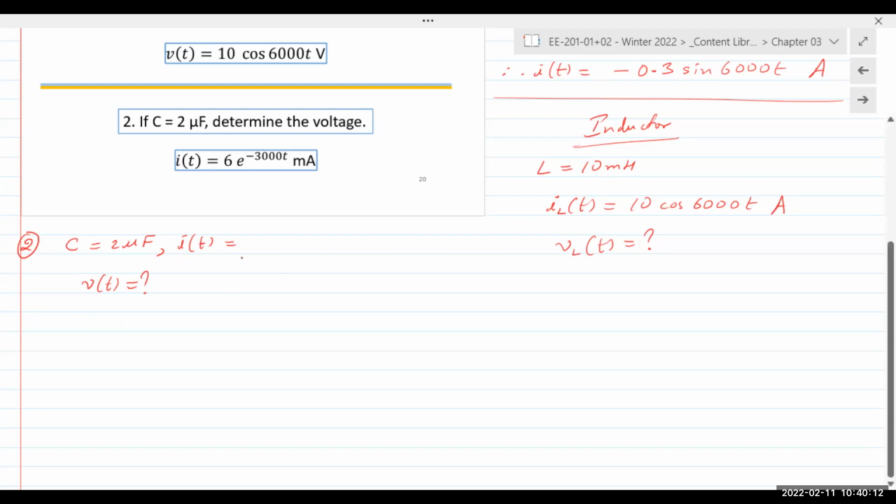So C is 2 microfarads. I of t is given to us. We will use the expression V of t is the integral of the current. And the limits, well, this one goes from t0 to t. We can change this to i of x dx.